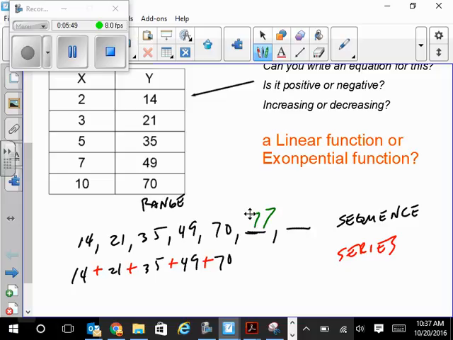But here's one thing that I want you to do. I also want you to have 0 and 1 as part of your tables. If I were making a table, I want you to throw a table in over here, even though they gave you one.